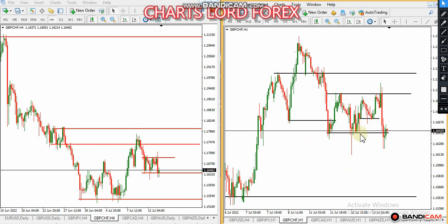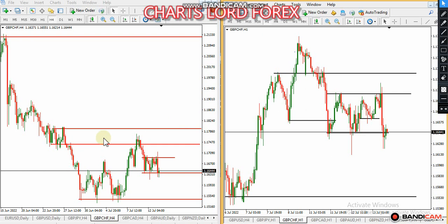Then I get to see it more clearly on the 1 hour. The 1 hour also gives me the accuracy of a tighter stop loss, so that in case the trade goes against me, I can manage my risk, and I can maximize the profit.